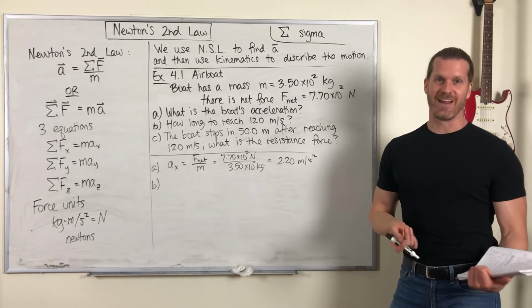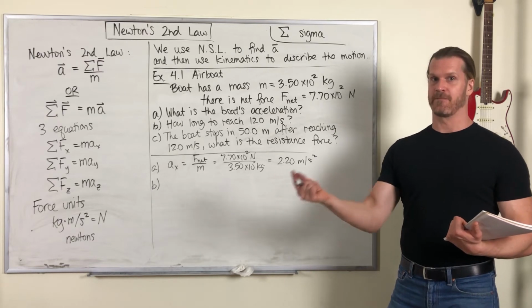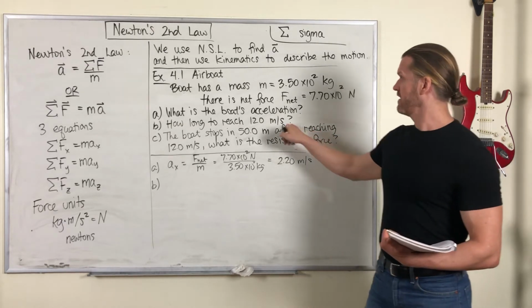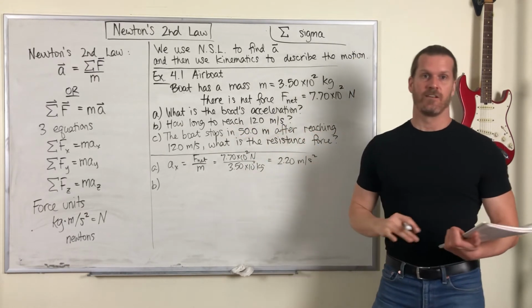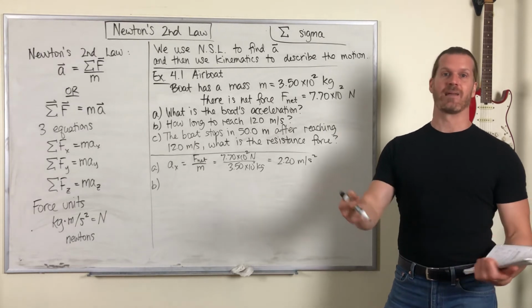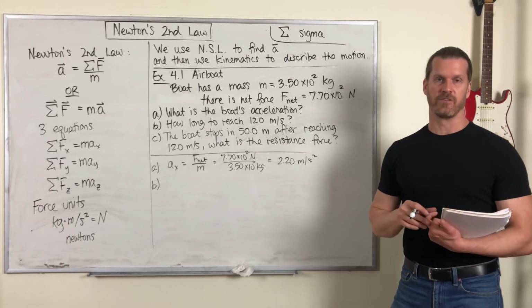So remember, our kinematics procedure: identify that it's kinematics. I know that it's kinematics because it's now asking to describe quantities like time or position or velocity, which you don't get using Newton's second law.